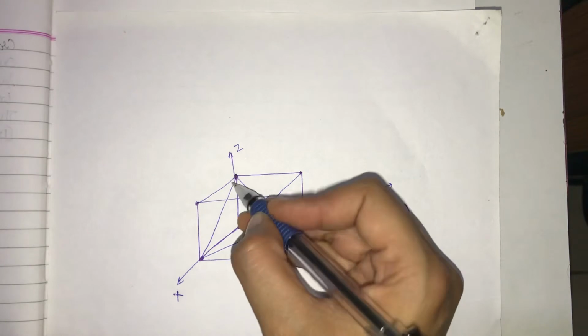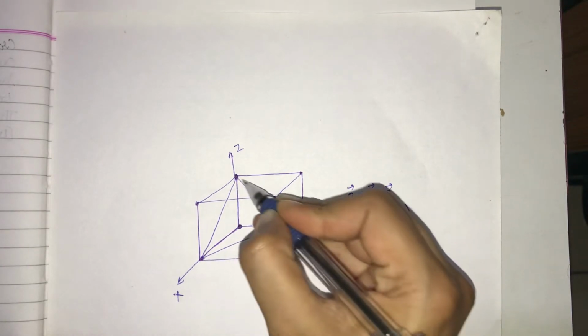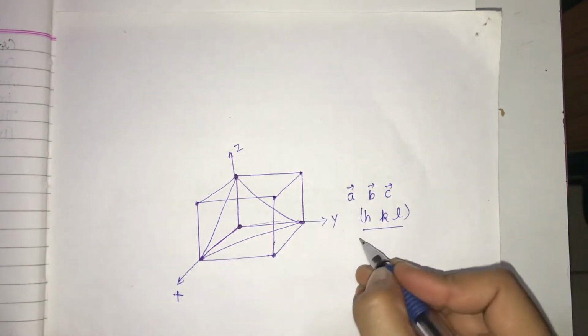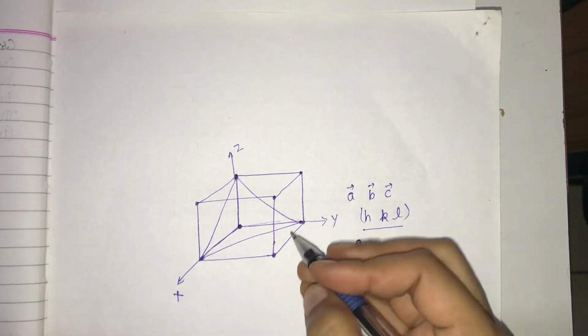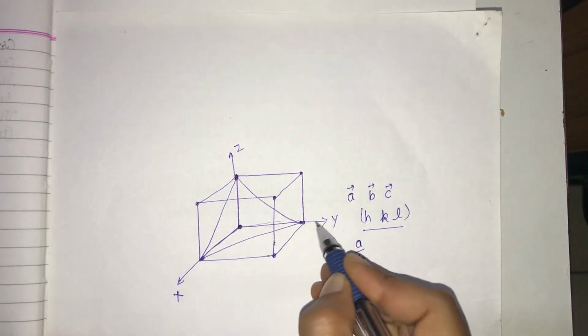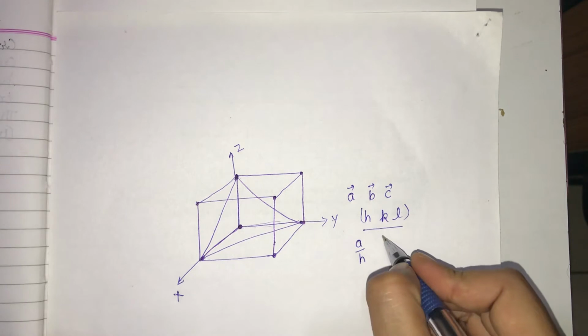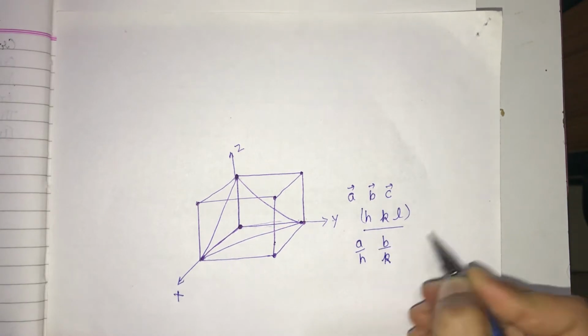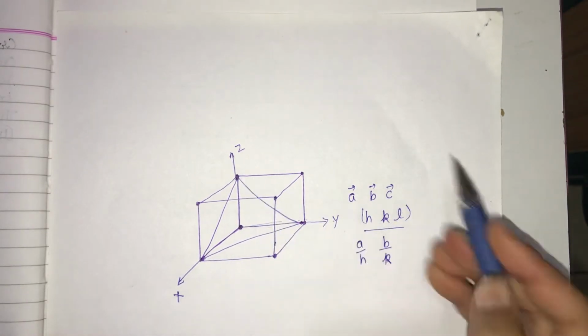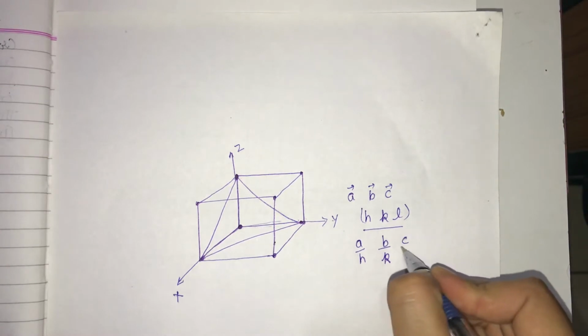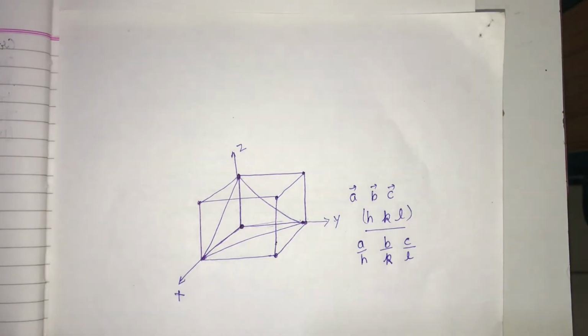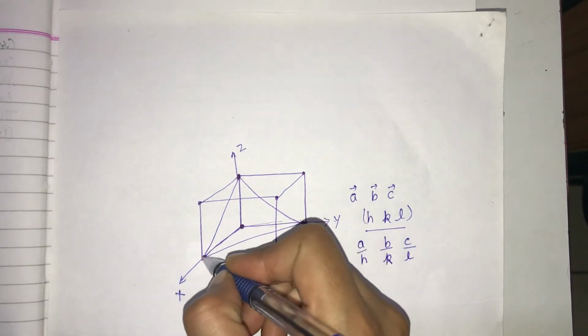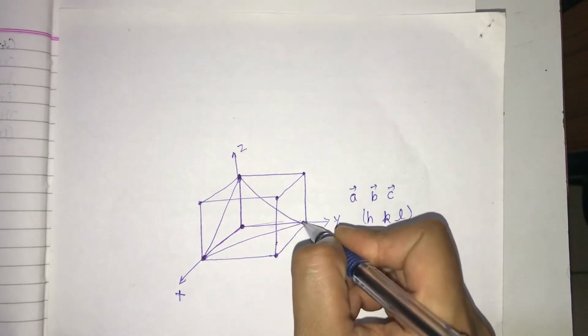So the intercept of this plane along the x direction will be a by h, along the y direction it will be b by k, and along z it will be c by l. Clear? So these are the intercepts of this plane.